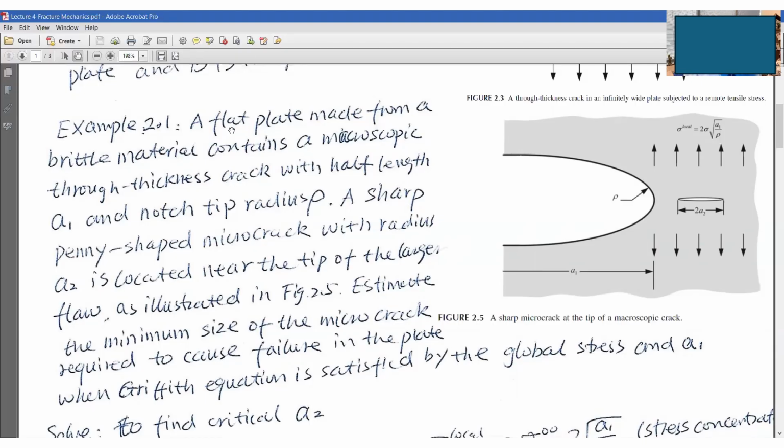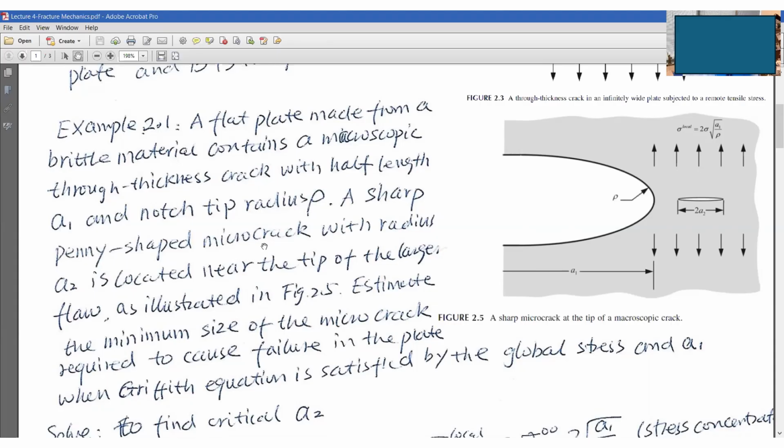Let's read the statement. A flat plate made from a brittle material contains a microscopic through thickness crack with half length A1 and notch tip radius rho.